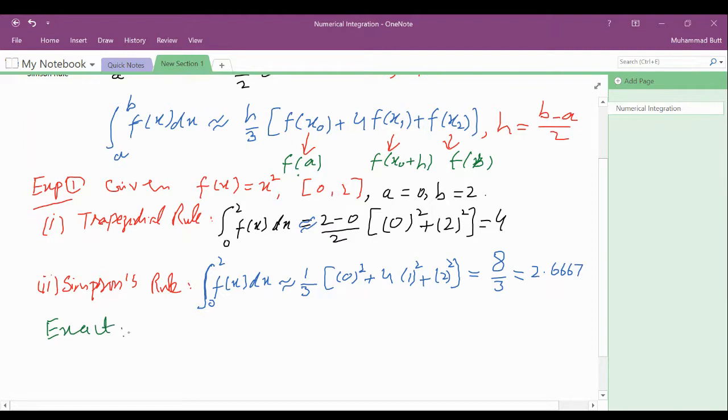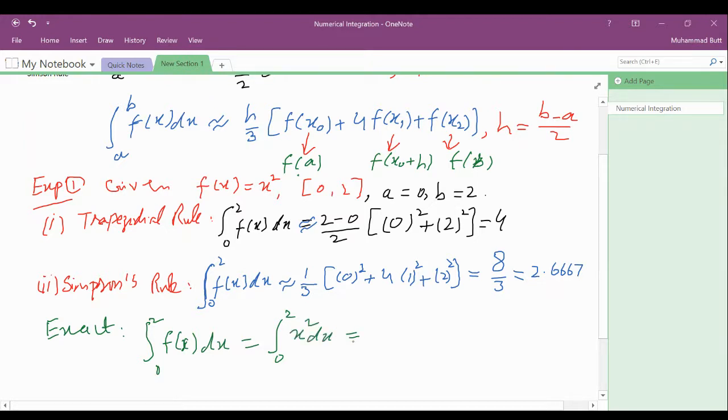So the exact value is the integral from 0 to 2 of f of x dx, and f of x is x square.